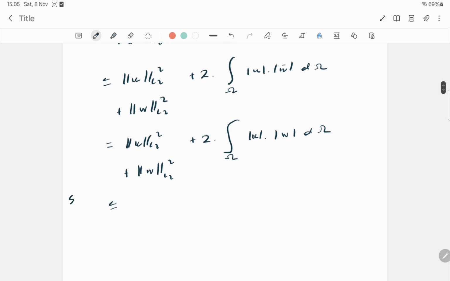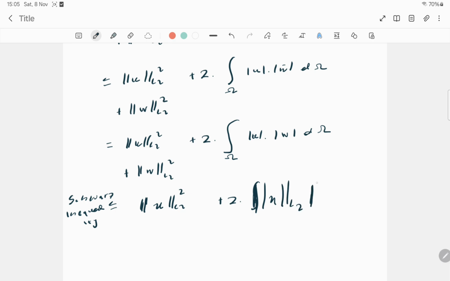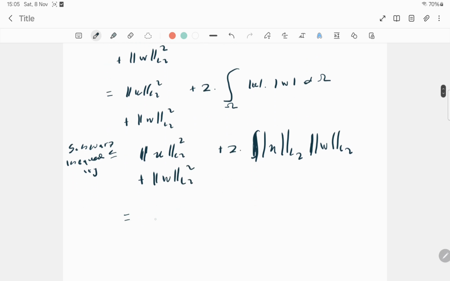Then I can use the Schwarz inequality to bound the second integral, and I will have the norm of u in L2 squared plus 2 times the norm of u in L2 times the norm of w in L2 plus the norm of w in L2 squared, and that's going to be the norm of u in L2 plus the norm of w in L2, squared.